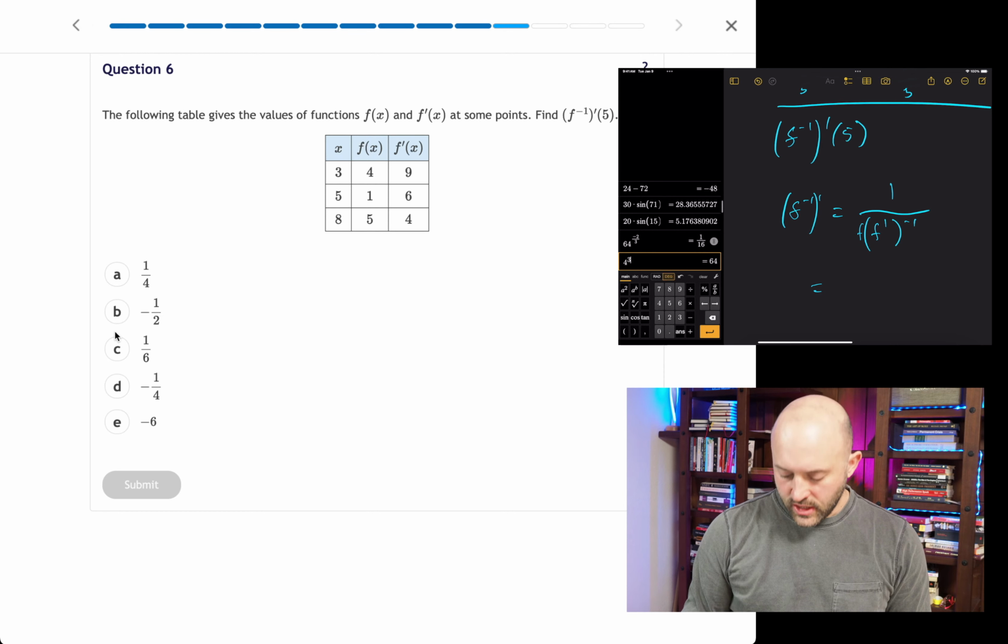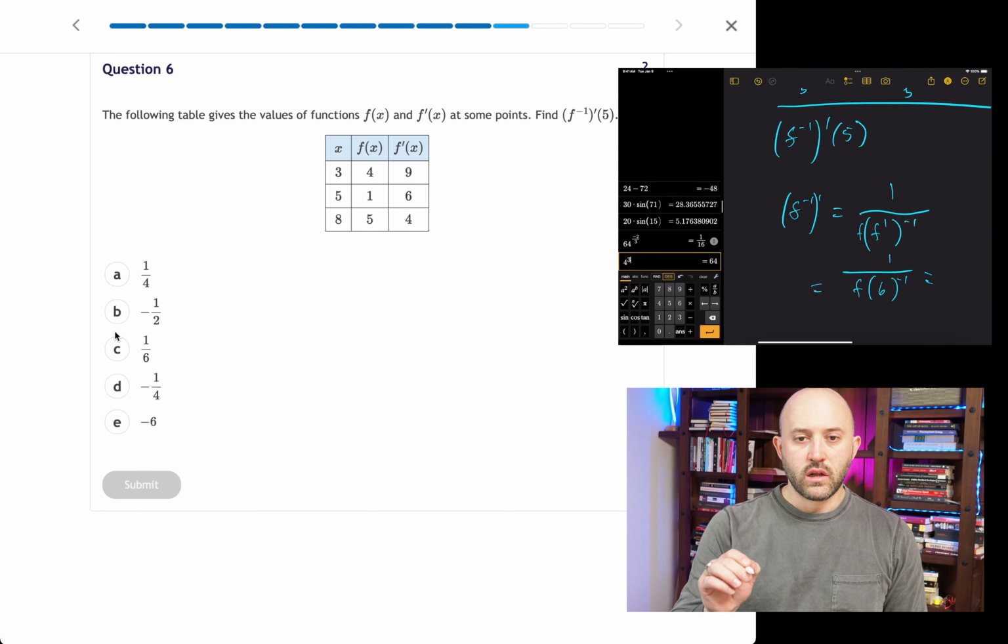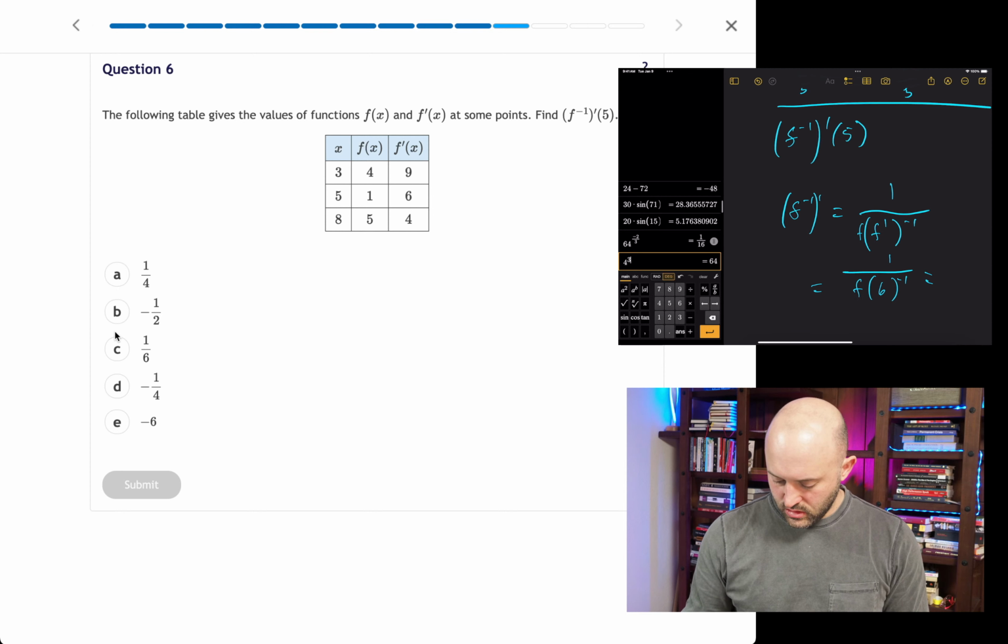So f prime at 5 is 6. And we have to do the inverse of 6. 1 over the inverse of 6. So f prime of 5 is 6. So what is the inverse of that?